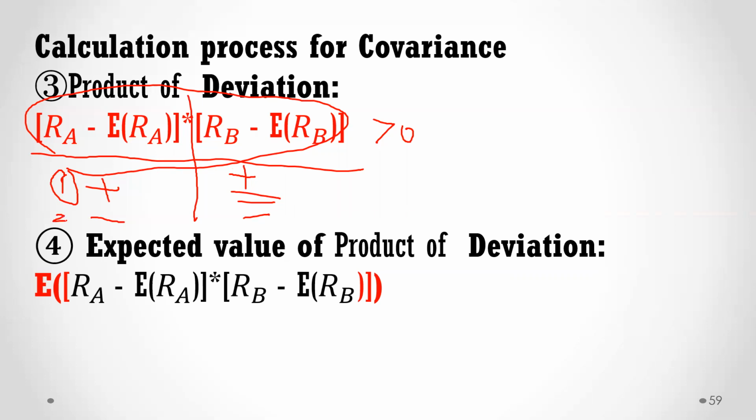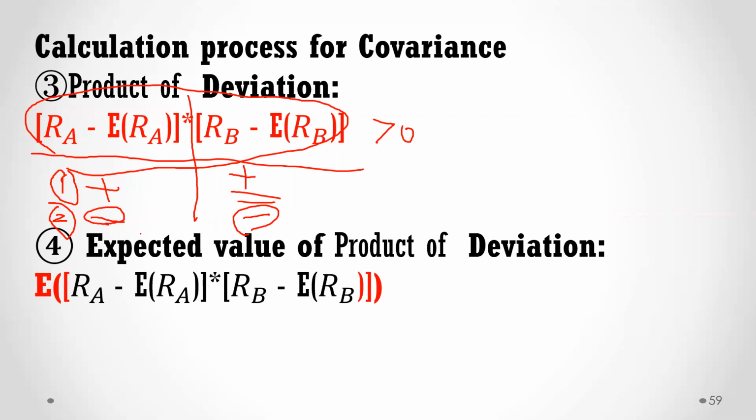In the second case, when RA underperforms its average, B also underperforms its average. So when A performs worse, B also does not perform very well. They tend to decrease at the same time.